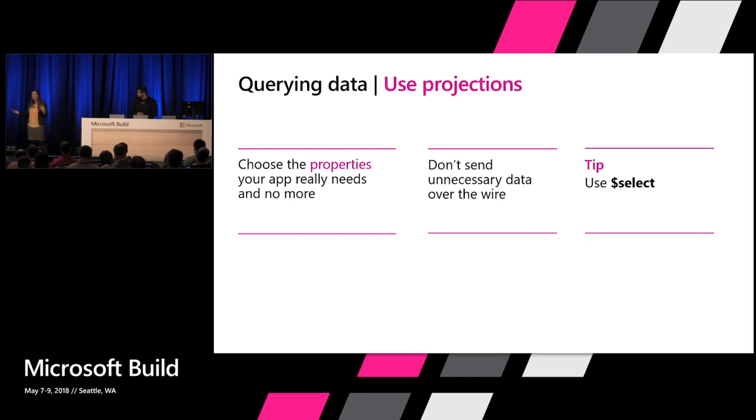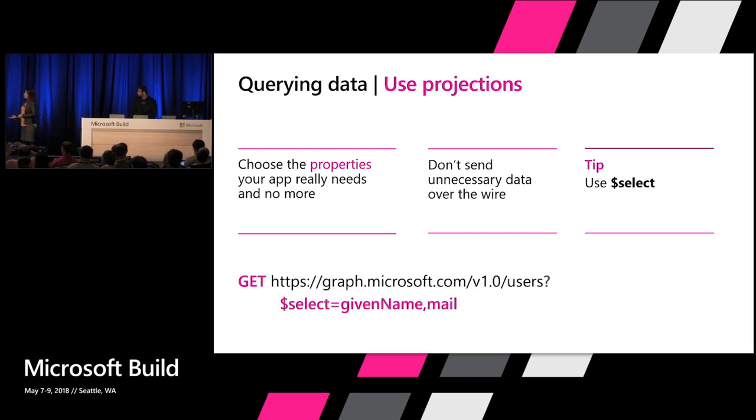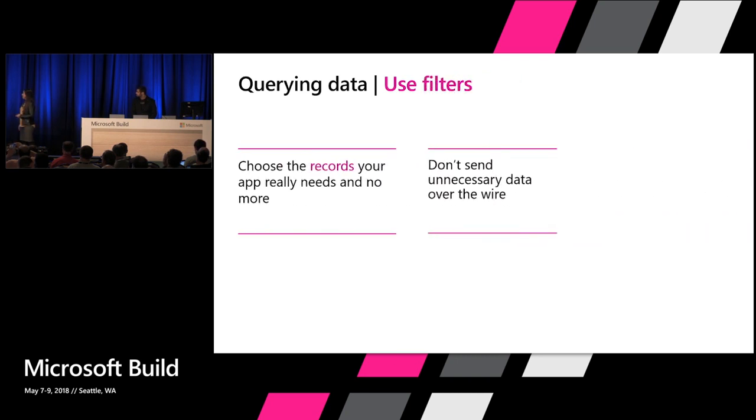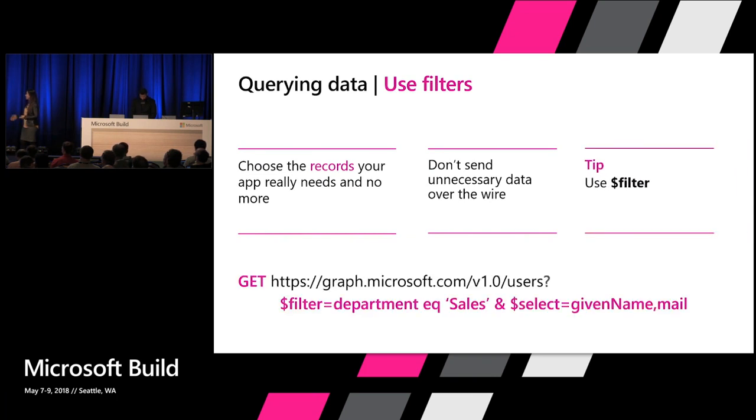If you don't need the other properties, just don't ask for them. And I have the example there. Then the next one, filter, is about choosing just the records your application needs. So here, I get all of the users, filtered by the department, and selecting just 2 properties.